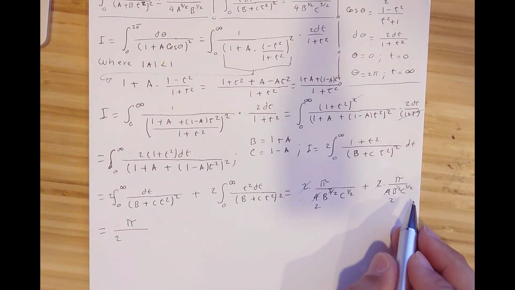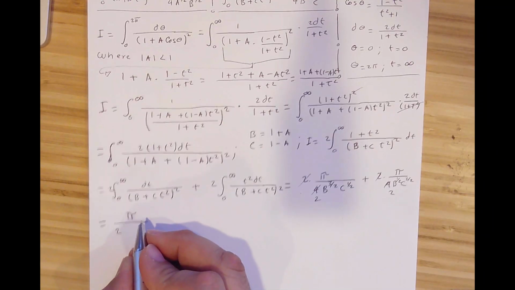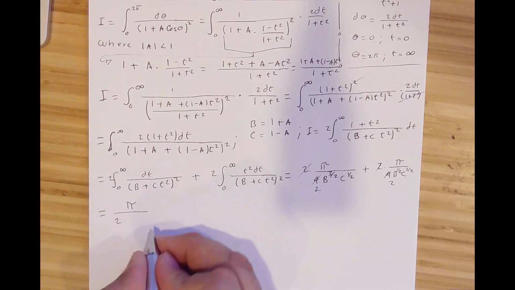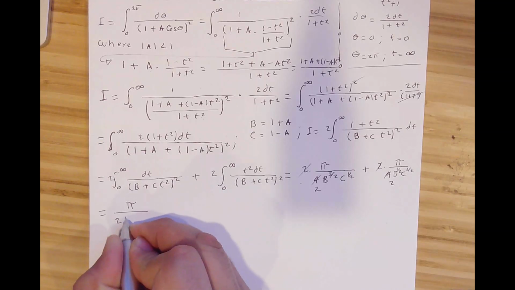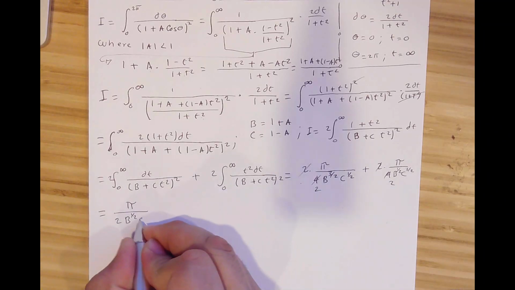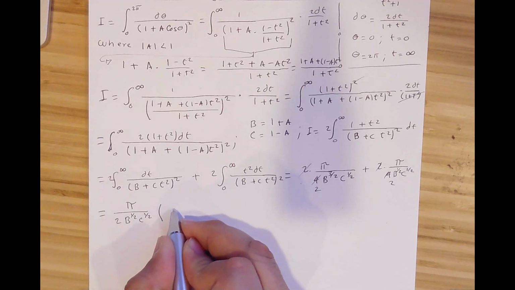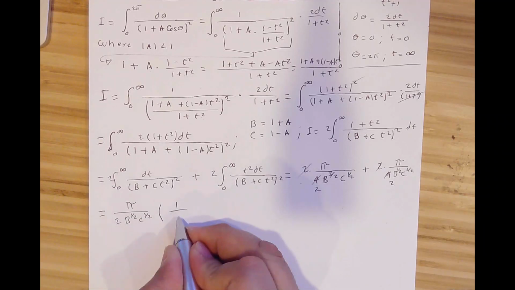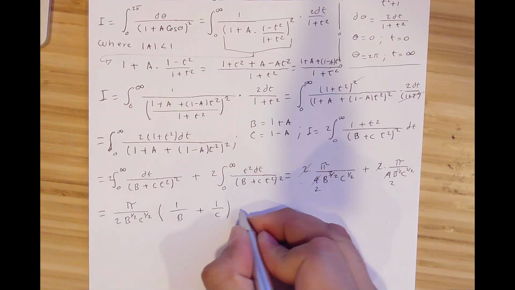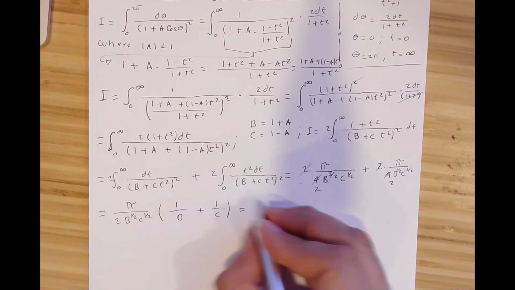So let's do it. 2 b to the 1/2 and c to the 1/2, because we have 1/2 everywhere, and we will end up with 1 over b plus 1 over c. And we can simplify this, to do the operation.